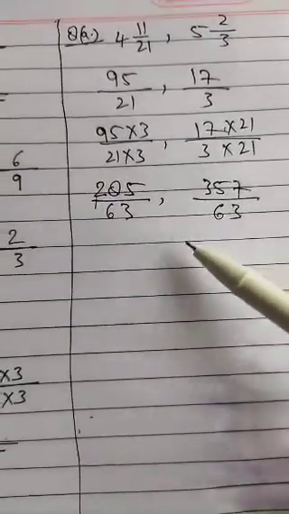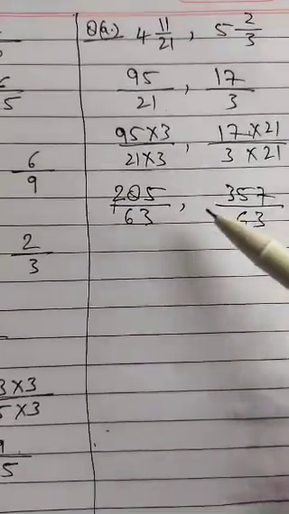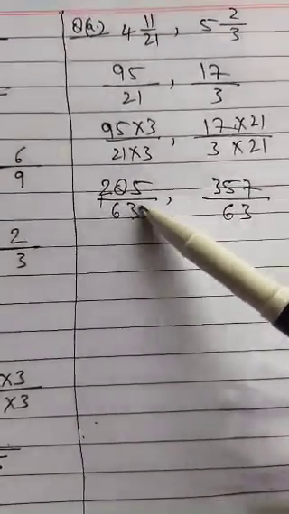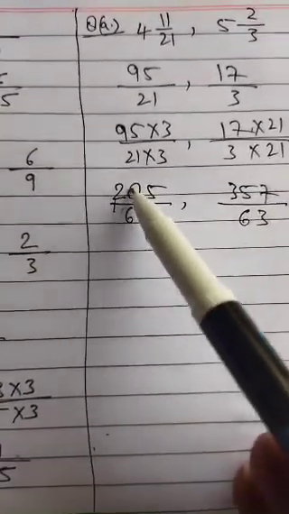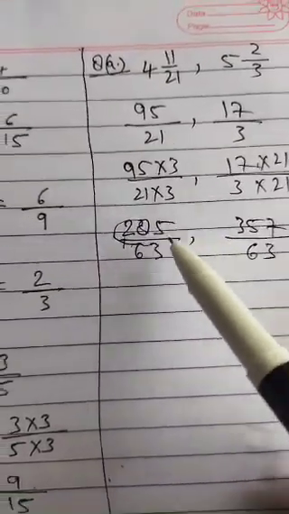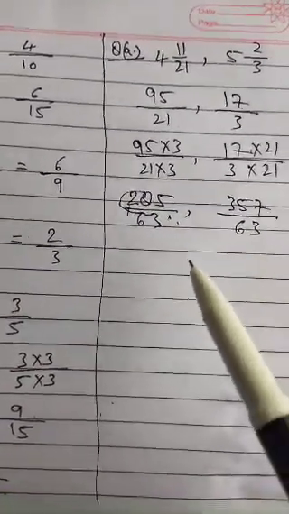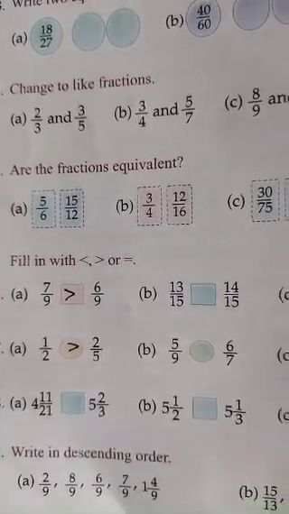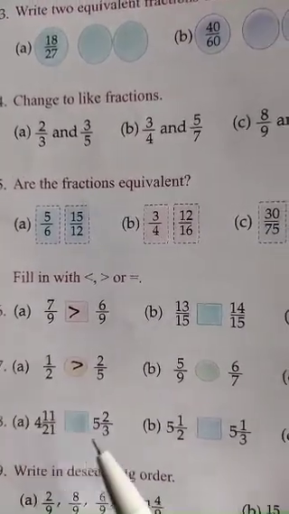Now the denominator is same. Now you will see the numerator, which is smaller. So you will find that 285 is smaller. That means this fraction is smaller. So accordingly, sign. This fraction is smaller than this fraction.